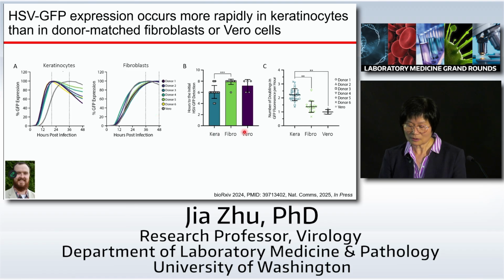The time to initiate GFP expression is also significantly earlier in keratinocytes: 6 hours in keratinocytes and 7.9 hours in fibroblast cells. GFP also increases much faster in keratinocytes than in fibroblast cells and Vero cells.